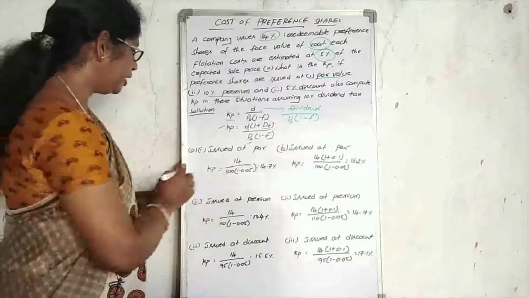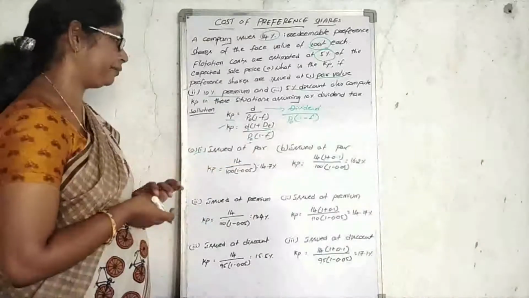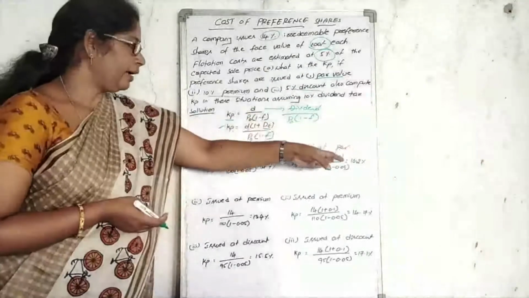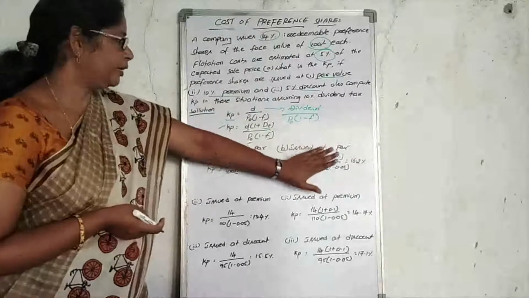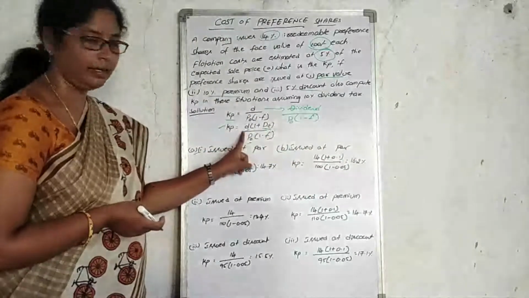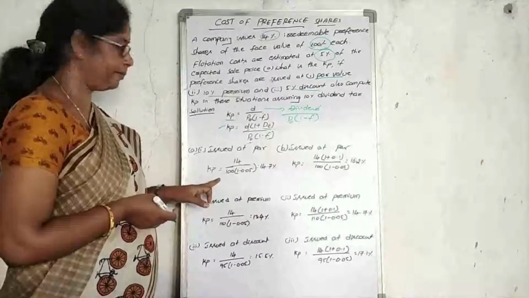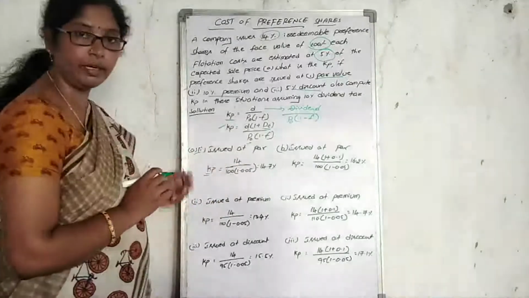Okay, come to the solution. When issued at par, and not considering tax on dividend, this formula should be applied. KP equal to dividend. How can we determine the dividend?